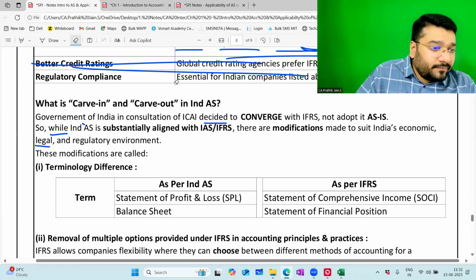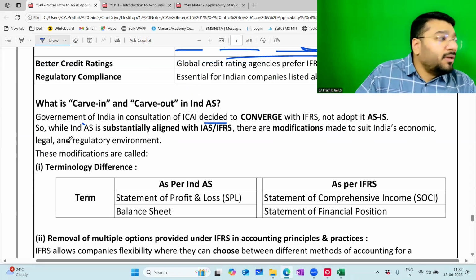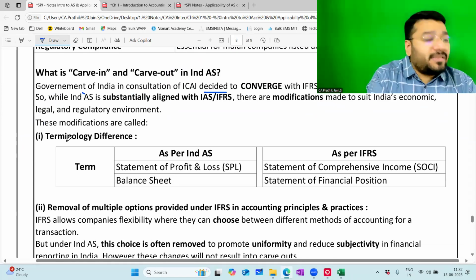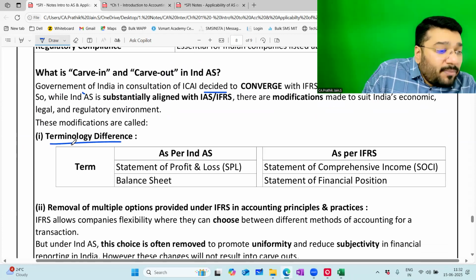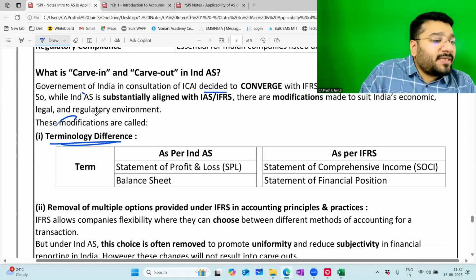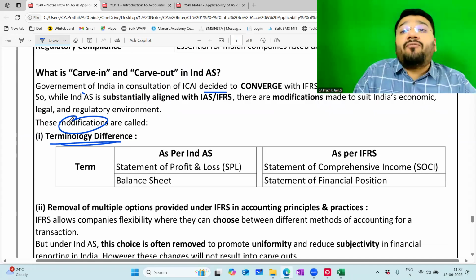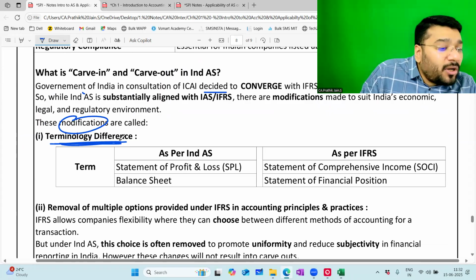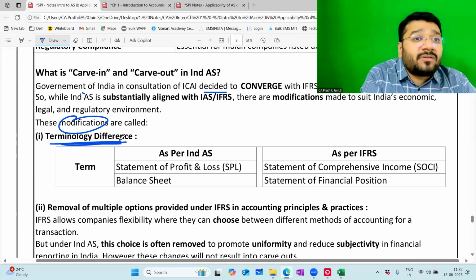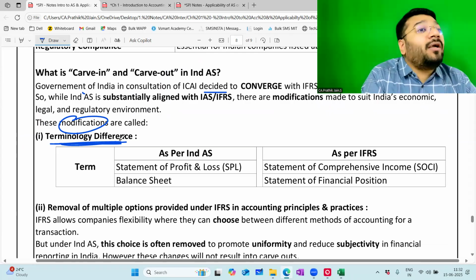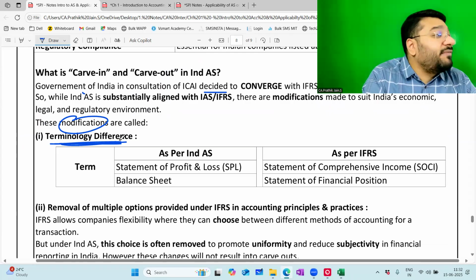Okay, sir. Now, there are three broad levels of differences. One is called terminology differences. If you ask me, sir, what are the modifications? There are three categories of modifications. One is terminology differences, which means there are certain terms used in IFRS that we did not take as it is. We changed the name.